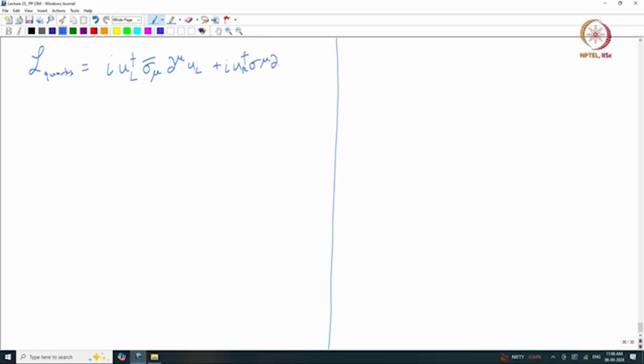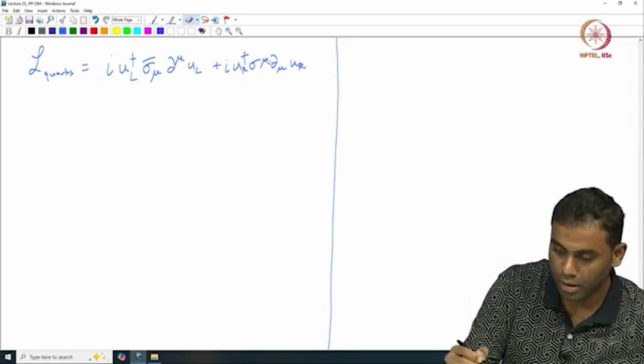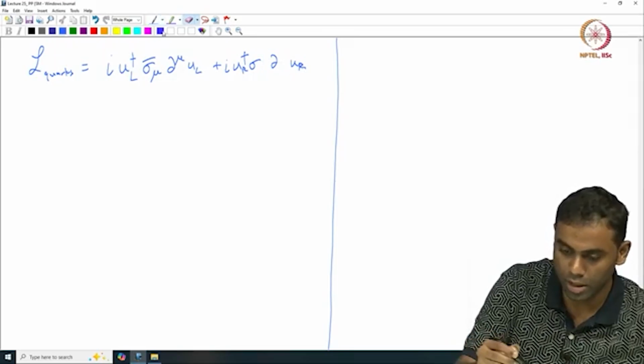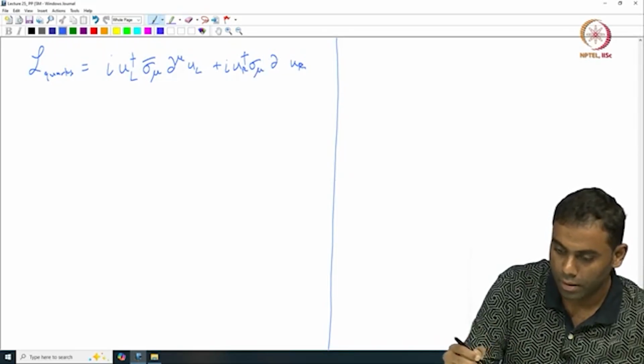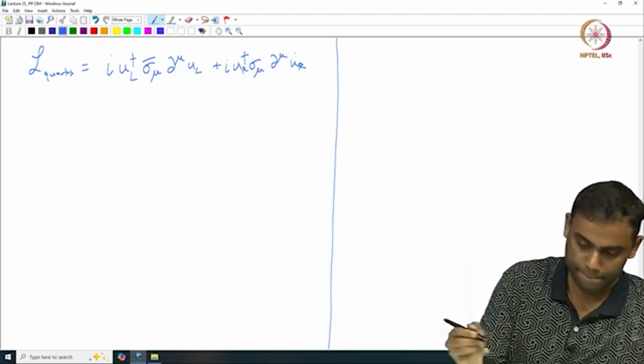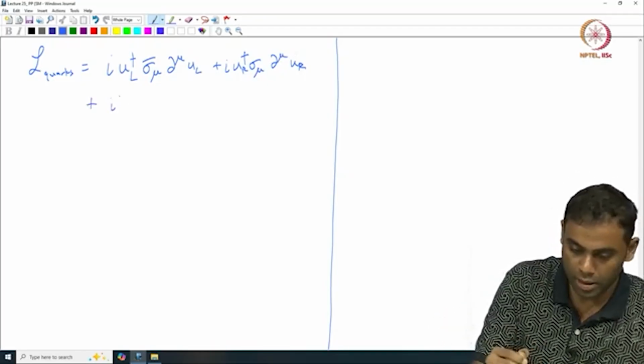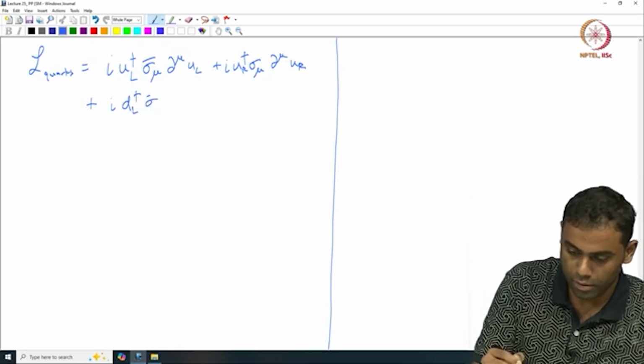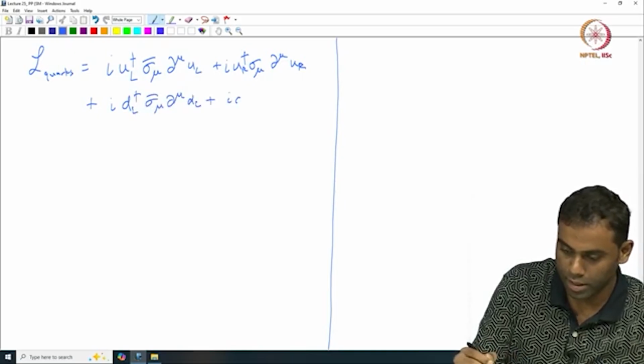Remember, this is how I would have written the, maybe I am switching upper and lower indices, let me be consistent about that, right? That is for the up quark, and the down quark also I have something very similar, right?